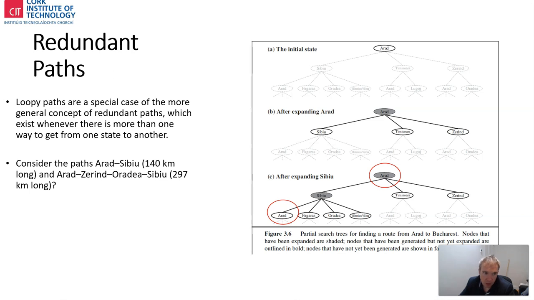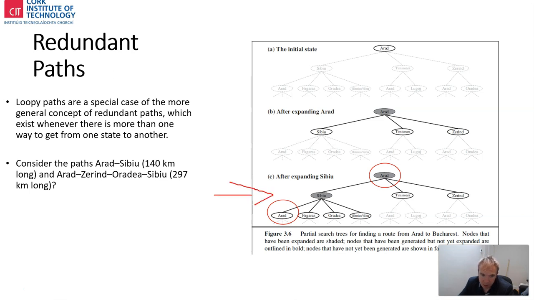Okay, now, that's pretty much the basis for most of our search problems. Okay? But one thing we have to consider is loopy paths, or redundant paths. Loopy paths are instances of redundant paths. If we look at our search tree, we see that it includes the route from Arad to Sibiu and back to Arad again.